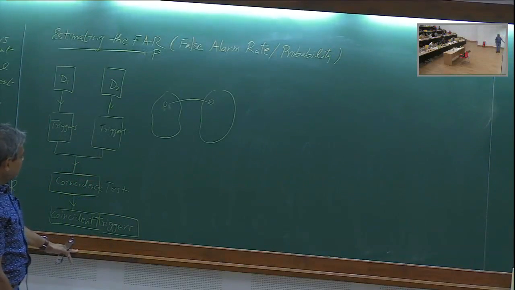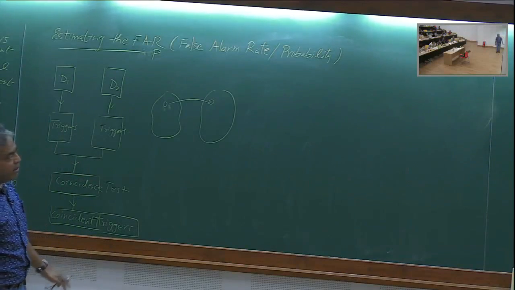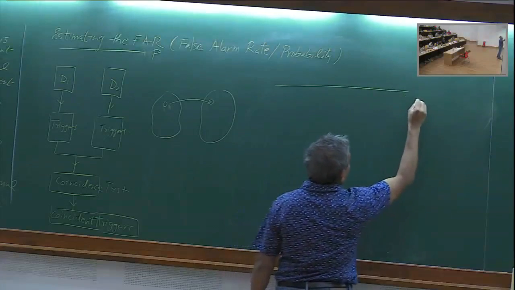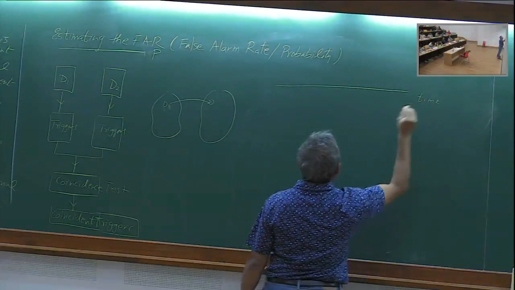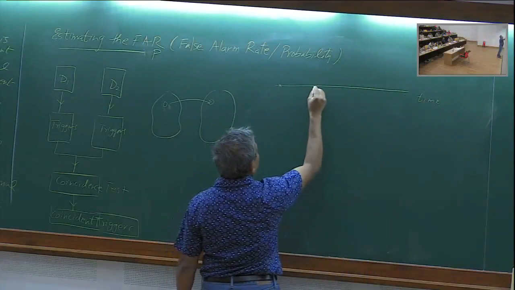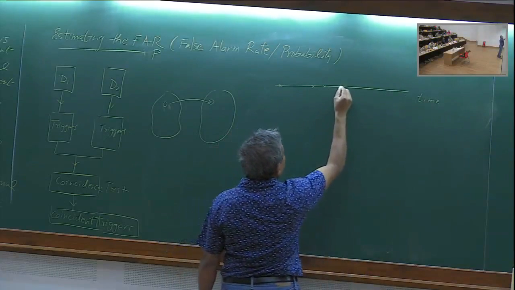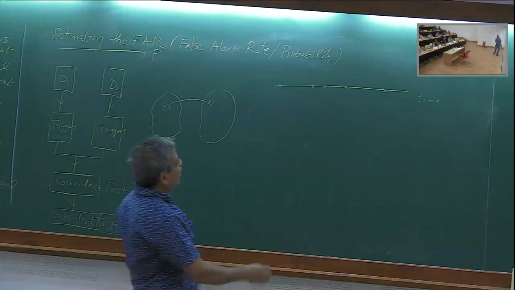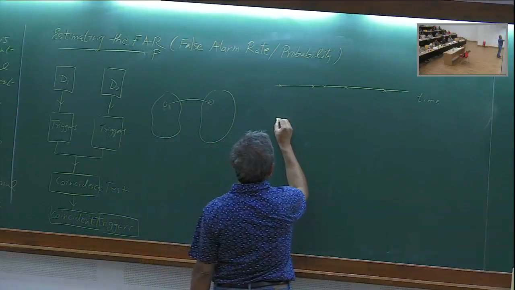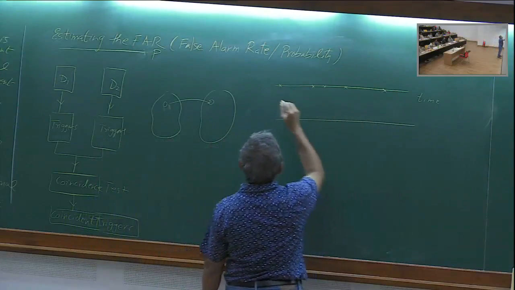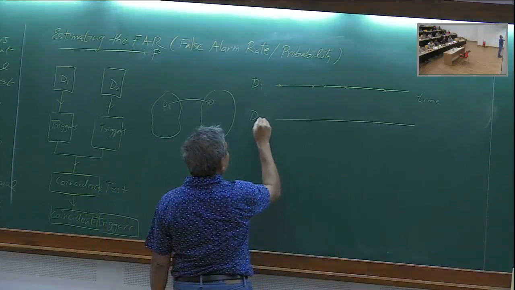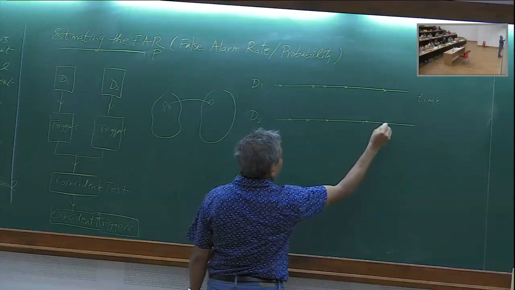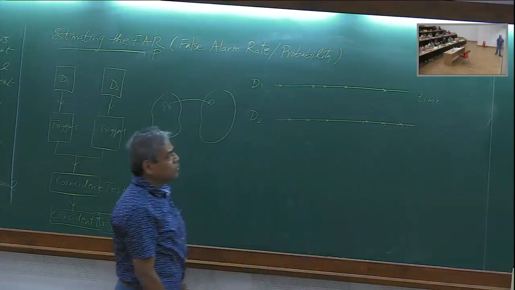So you take triggers from one of the events. Let's suppose this is the time axis. There was an event here, there was one there, and so on. And you had triggers in another one. This is D1, this is D2, an event here, and so on.